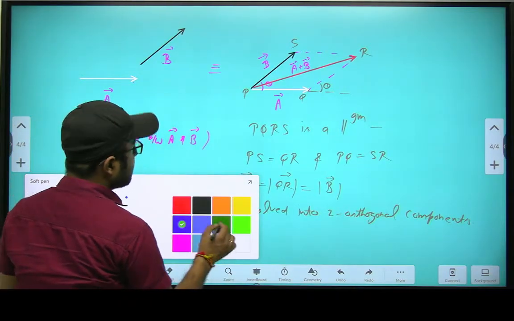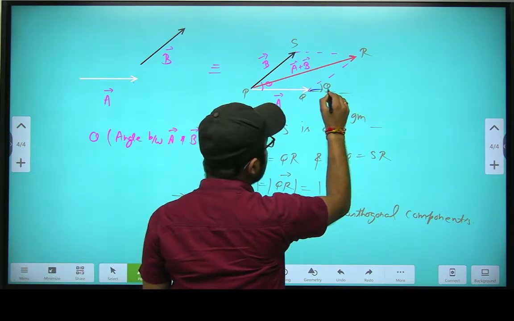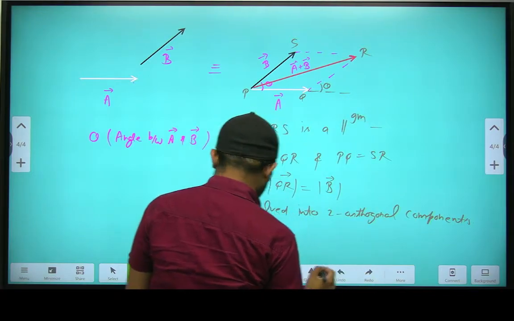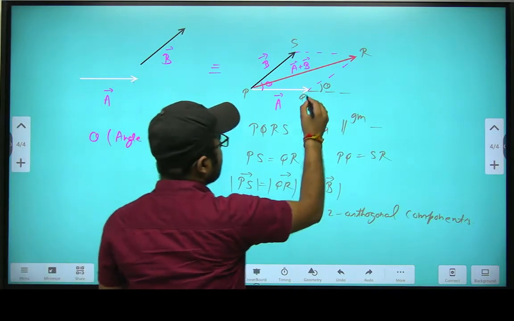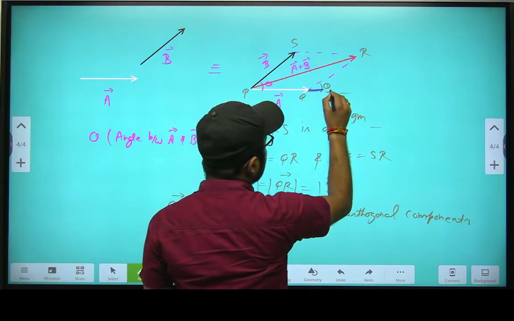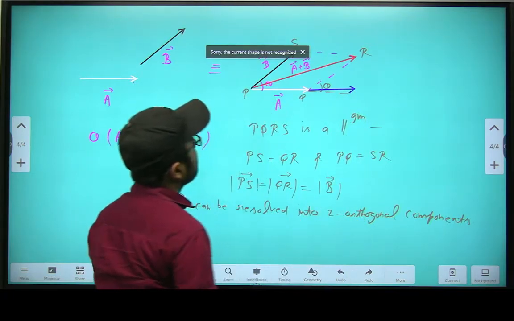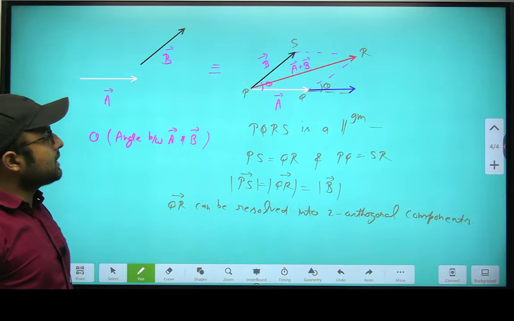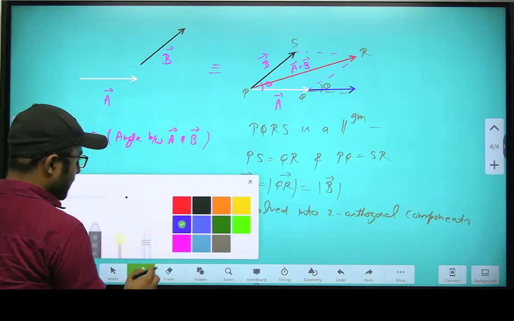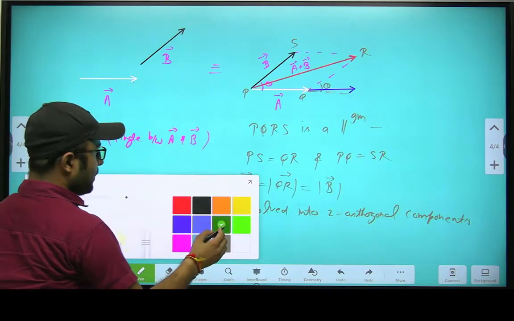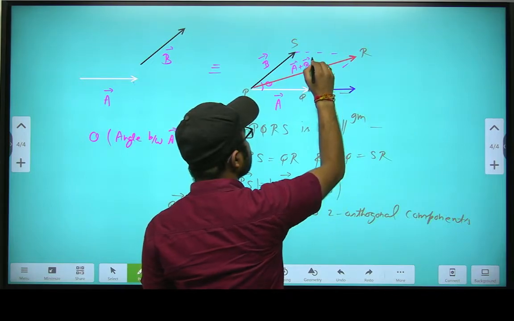Its horizontal component will be like this, and if we take the vertical component like this, its vertical component will be like this.